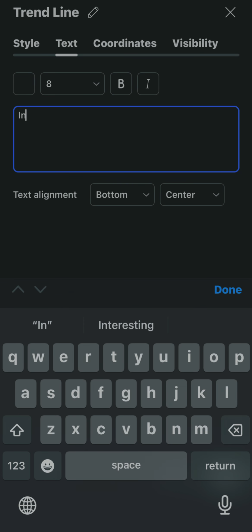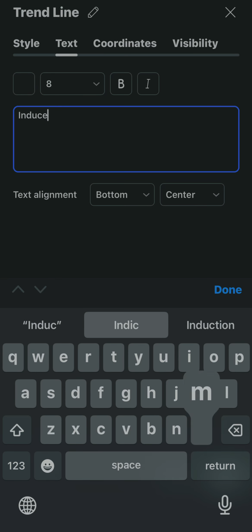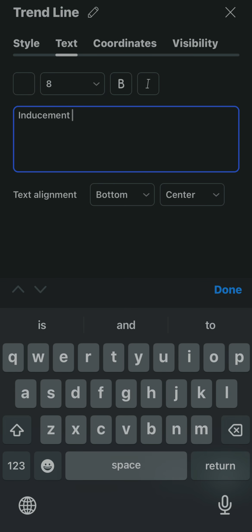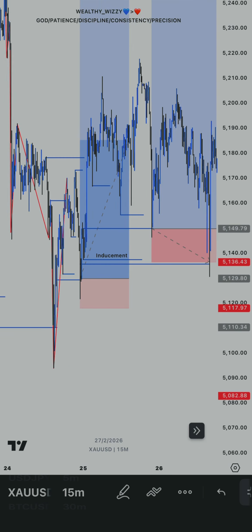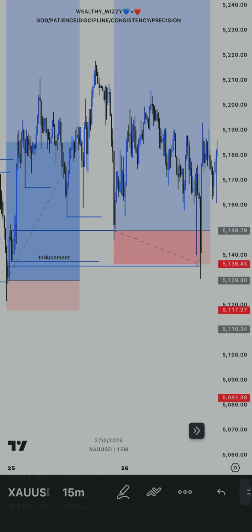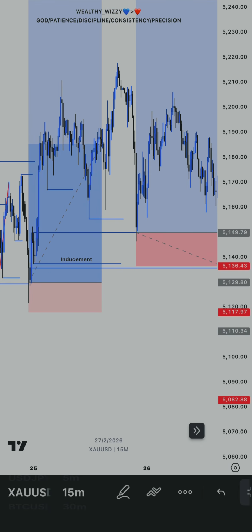It's an inducement. This is an inducement, as you can see. So this inducement was created before creating this inducement. You understand?